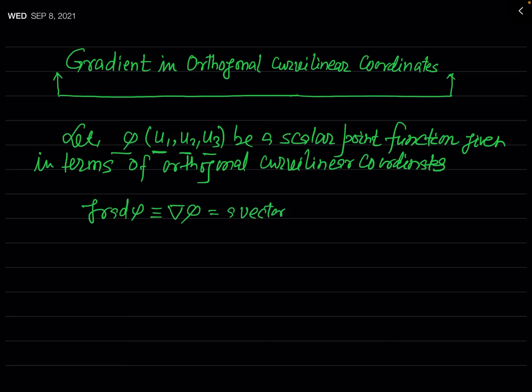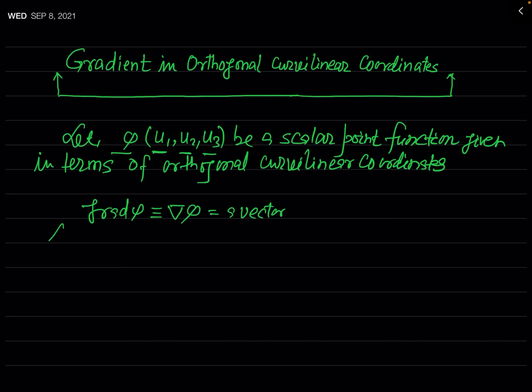The gradient operation is defined for a scalar function, but the gradient of a scalar function is not a scalar, it is a vector. So if it is a vector, you can express this vector in terms of its rectangular components and also in terms of the unit vectors which you have defined earlier in the orthogonal curvilinear coordinates.